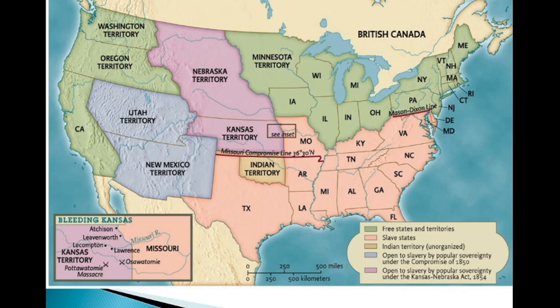There's fighting. They called it Bleeding Kansas. And it just furthers this debate over whether there's going to be slavery in the new Western territories or whether there's not going to be slavery in the new territories.